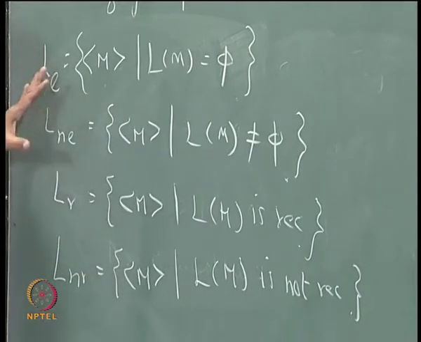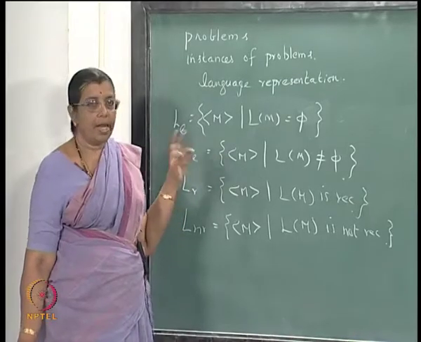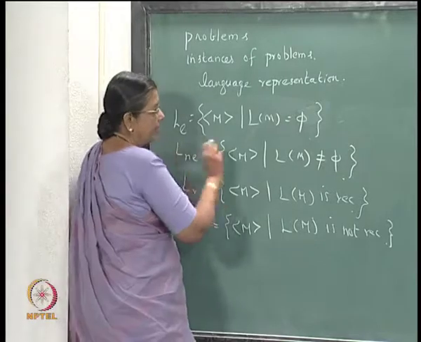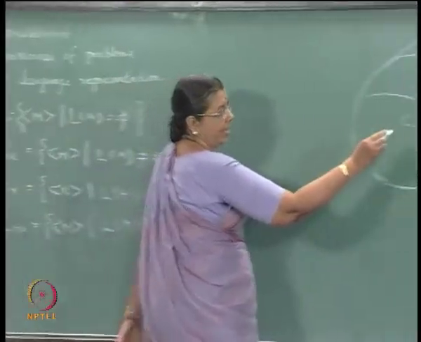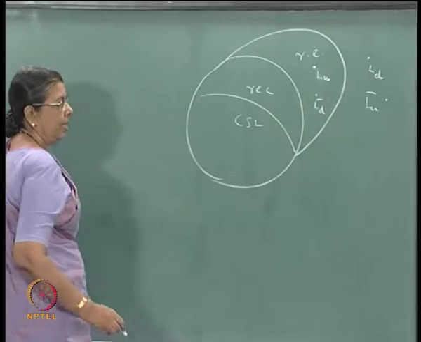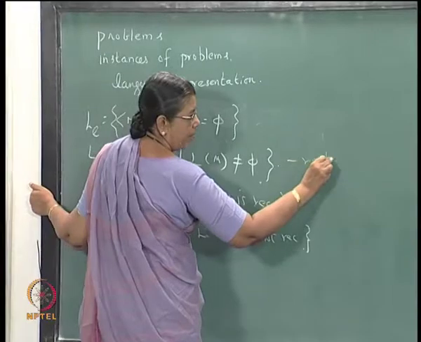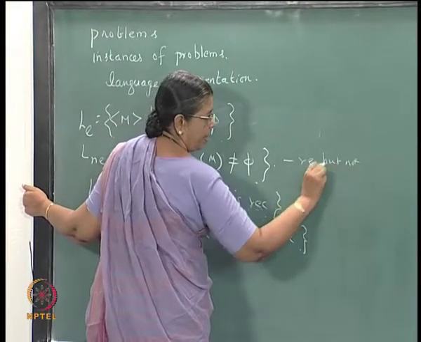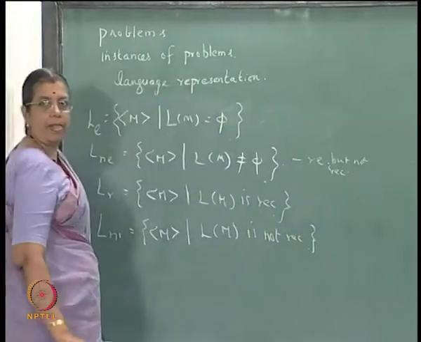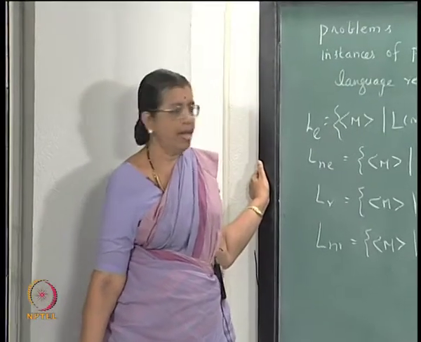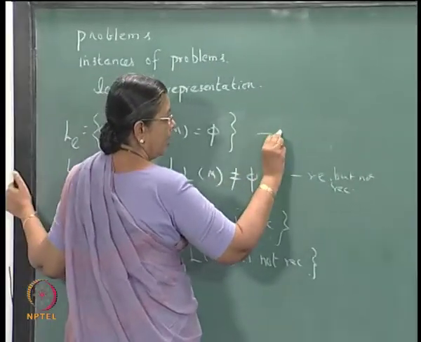The corresponding language representation is this. For the language representation, the encoding of the Turing machine is the string which has to be accepted or not accepted. Now, this L_NE falls here, it is RE but not recursive, but these things are not even RE.